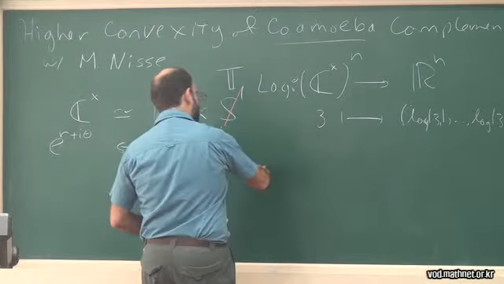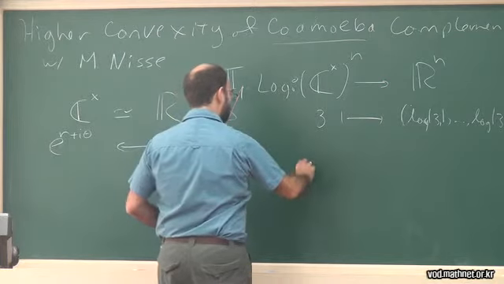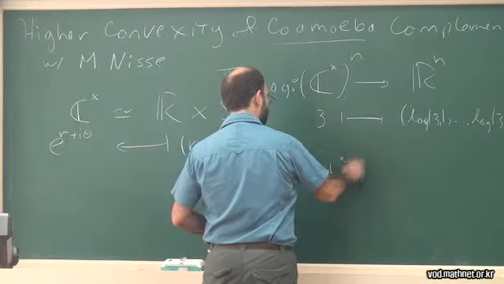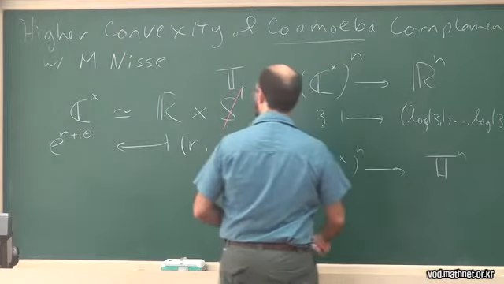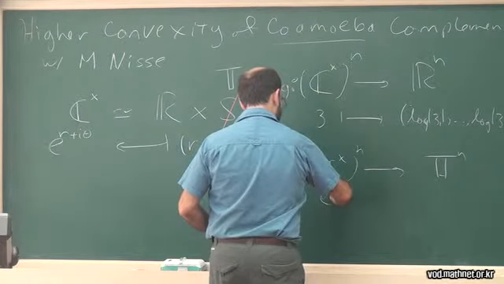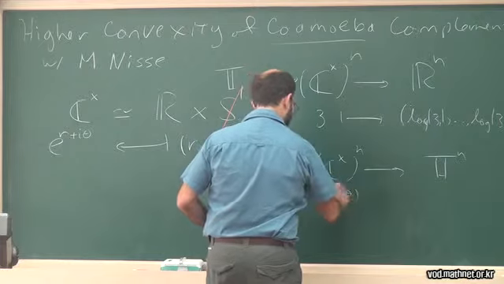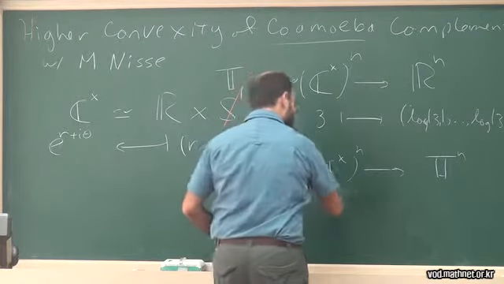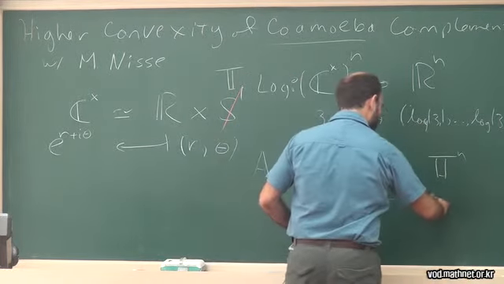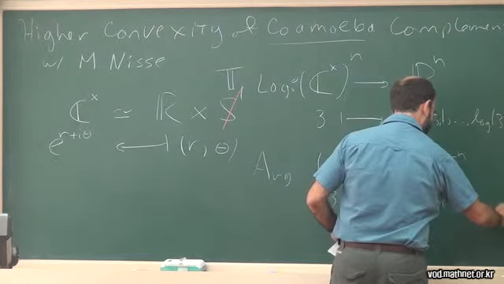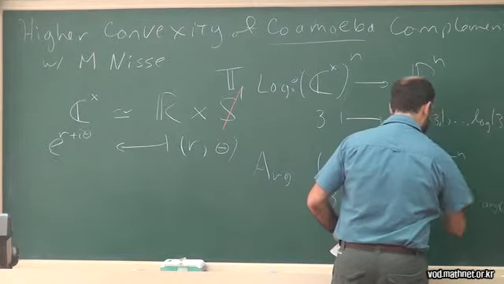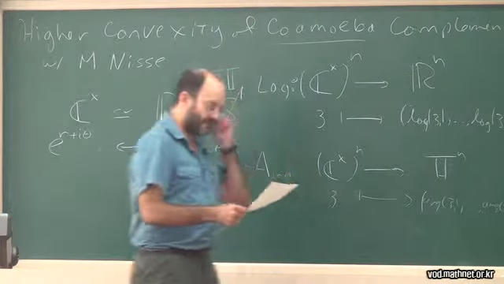And then there's another map called argument, which takes C star to the n to t to the n. It's z goes to the argument of z1, the argument of zn. So it's a coordinate-wise argument map.